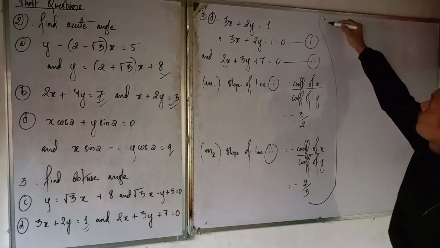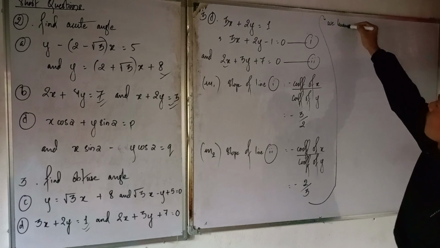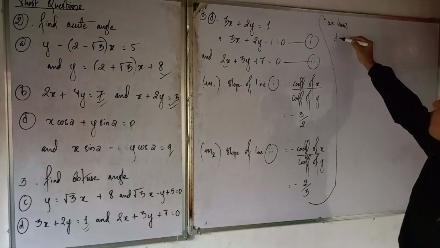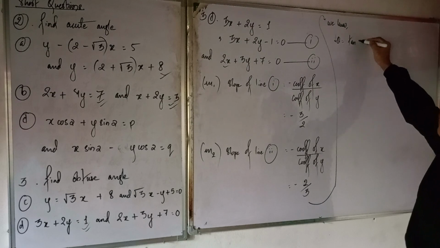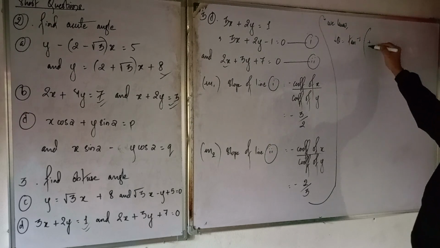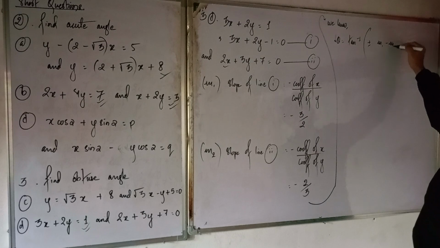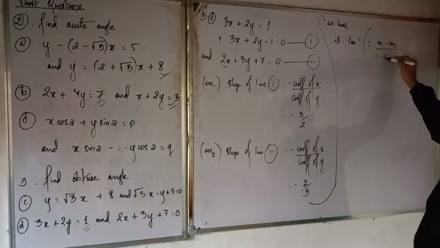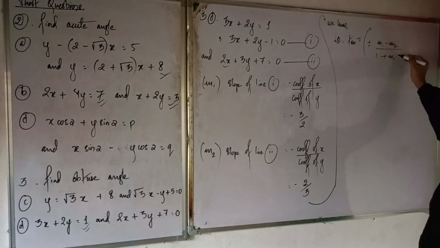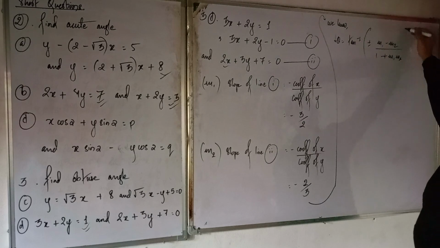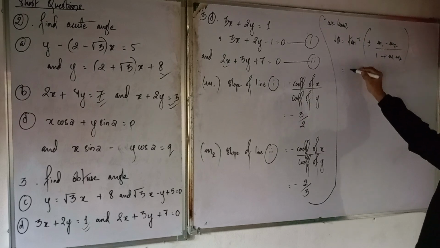We know theta equals tan inverse of plus or minus (m1 minus m2) over (1 plus m1 m2). How many times have we used this formula? The more you use it, the more you will get used to it.